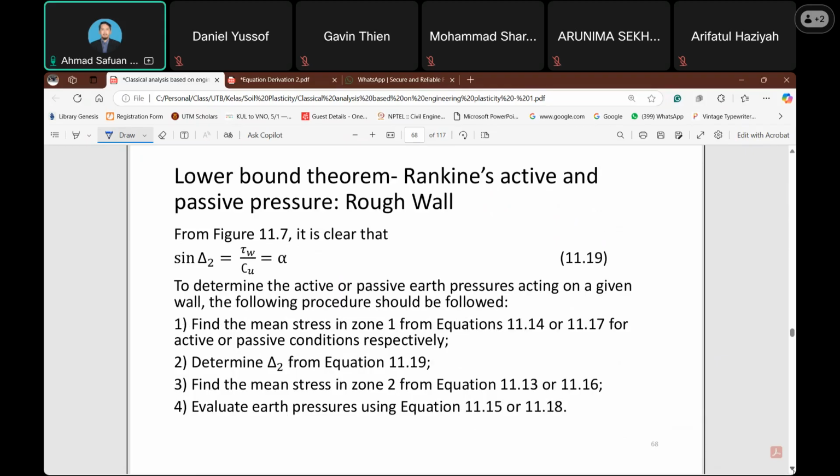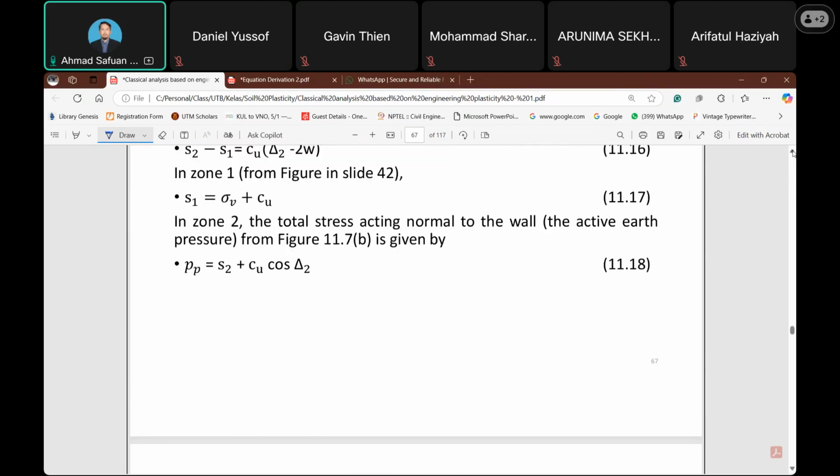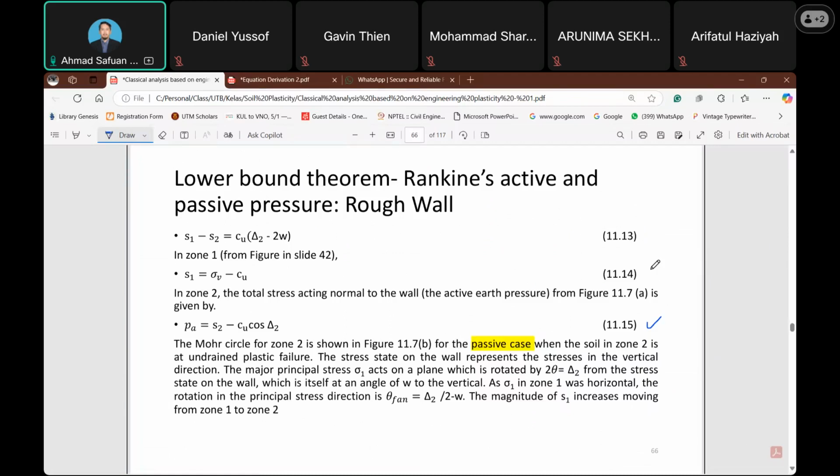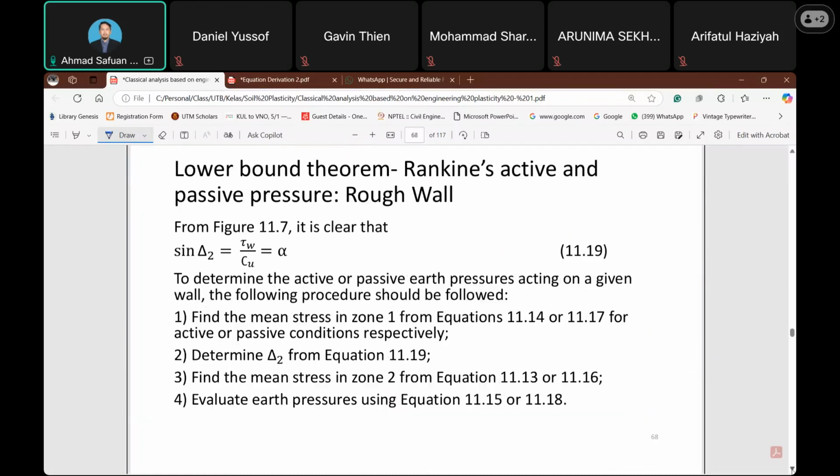So to determine the active or passive earth pressure acting on a given wall, the following procedure should be followed. First, find the mean stress in zone 1 from equation 11.14 or 11.17 for the active or passive condition respectively. Here is equation 11.14, and this is equation 11.17 for the passive and active.